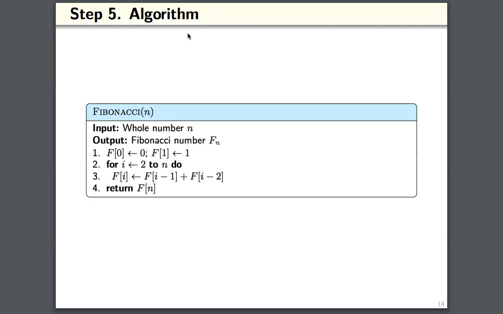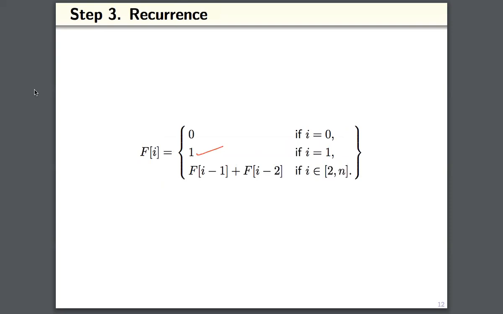Next, the algorithm. The algorithm is simple here. F of 0 is 0, f of 1 is 1, and you have a loop. And how do you easily get the pseudocode from the recurrence? It's given here. You have a loop, I equal to 2 to n. Repeat this. Done.